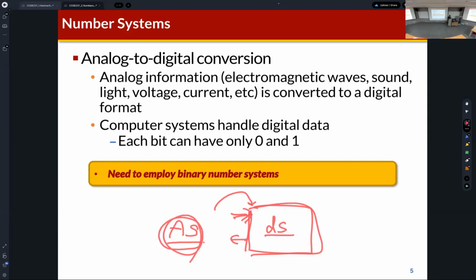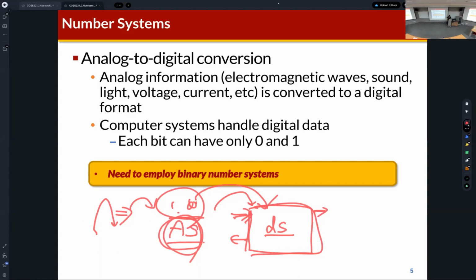Then this value is converted into digital signals like 1 or 0, and this 1 or 0 is given to the digital system. Then the result is generated from the system.